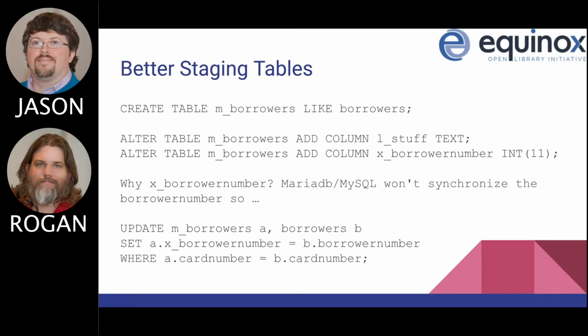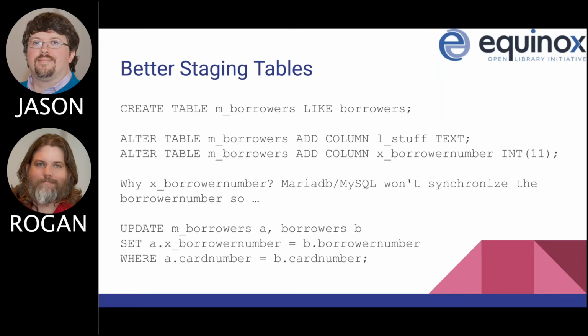Now, this is the part where Jason and I both feel a pang of wishing that MySQL / MariaDB had child tables like Postgres does, because then you can actually share a number sequence. In MySQL and Maria, it's not a child table, it's completely separate, just with an identical structure, and the sequence is going to be completely separate. So there are a few things we have to do in order to deal with that, and we'll talk about that in just a few minutes.